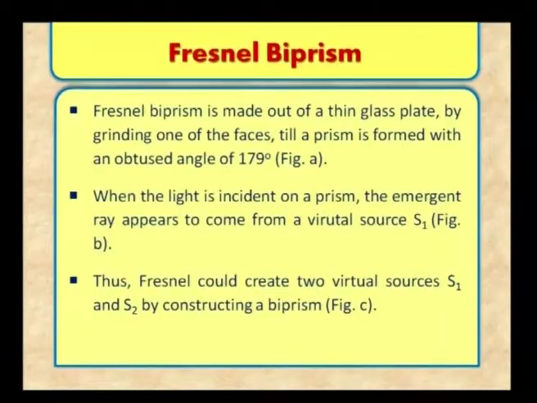The Fresnel biprism is made up of a thin glass plate. In the normal prism used by Newton or Hooke to obtain the different colors, VIBGYOR, you have an equilateral triangle-like shape, but here you have a glass plate.